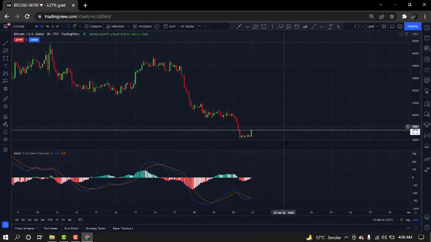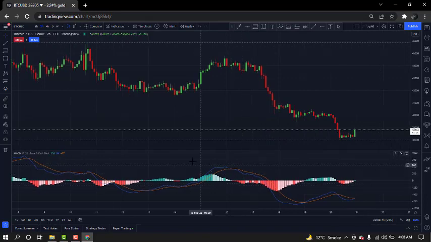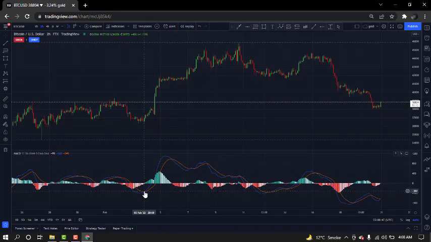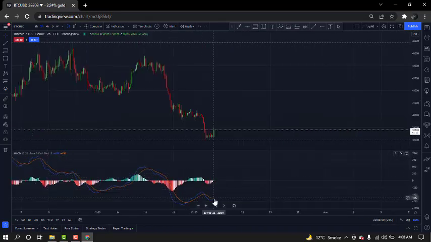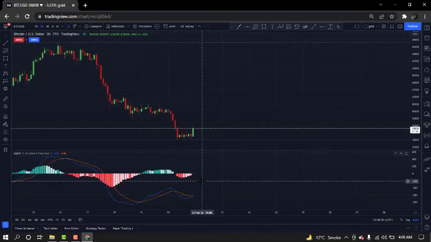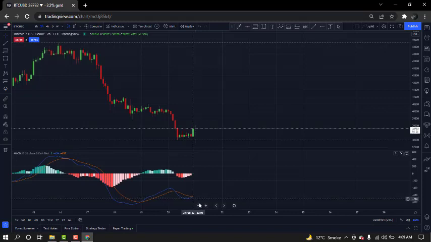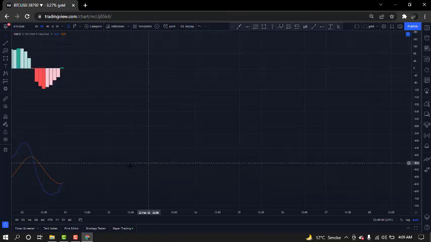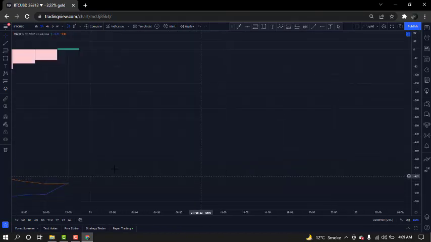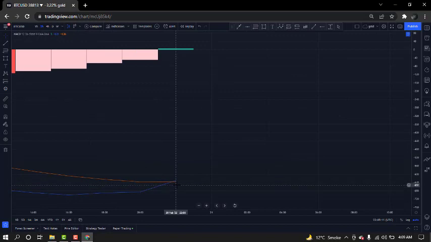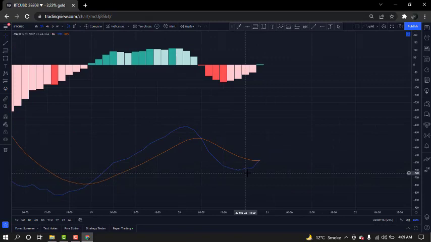Let me show you one thing. Right now both lines are below the zero point, but the blue line is touching the orange line, trying to cross it.